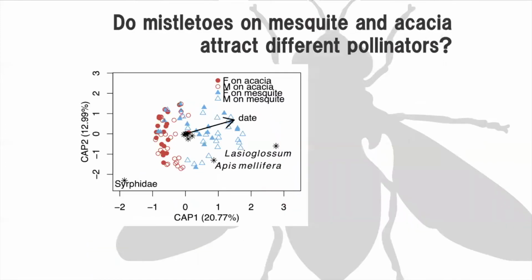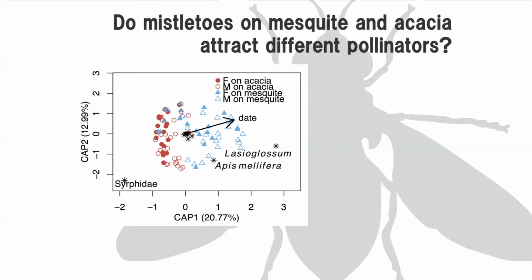Do mistletoes on mesquite and acacia attract different pollinators? If different pollinator communities are moving between only mistletoes on different hosts, that should also affect the population structure. Here I'm showing a distance-based redundancy analysis. So this is really similar to a PCA. Each point represents a community of pollinators that visited an individual mistletoe while I observed it for a 20-minute period.